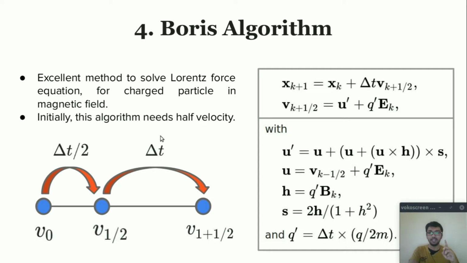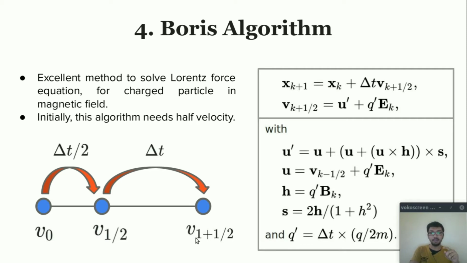Initially, instead of taking delta t as the time step, we will take delta t divided by 2 as the time step, so that we can find v 1/2. And then in the first epoch we will again consider delta t as the time step, so we will have v 1 plus 1/2.